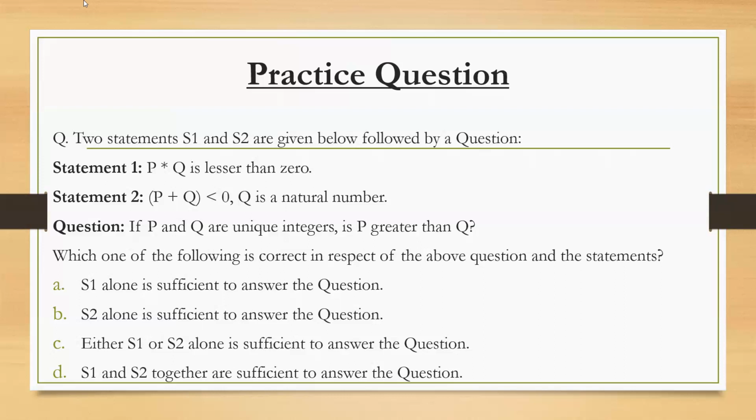Okay, C. Raghun C. Okay. Dushyant C. Okay.